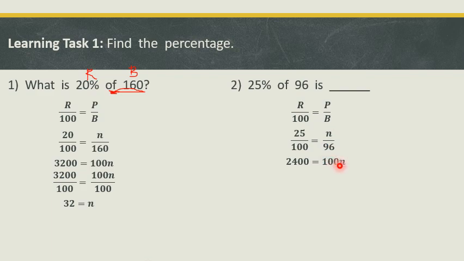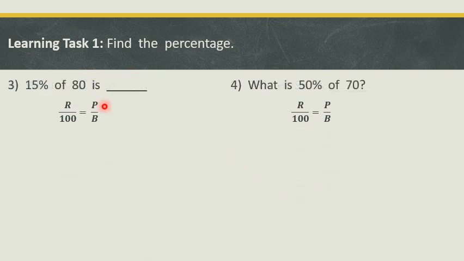Then, we will divide both sides by 100. 100 divided by 100 is 1, matitira ang N natin. 2,400 divided by 100, cancel natin yung tig-dalawang 0, magiging 24. So, 25% of 96 is 24.